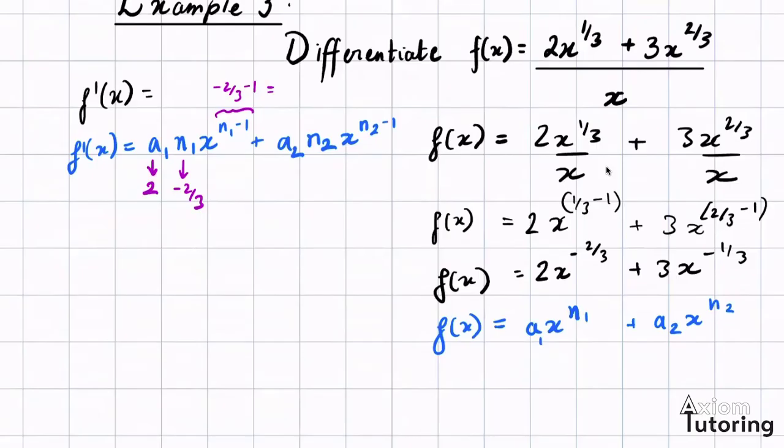And so what's that going to be? That's minus 5 over 3. We're just taking away minus 2/3 minus 1 over 1. You can make the denominators the same, and then subtract the fraction. And then we do the same thing for the second term. So a2 is 3.